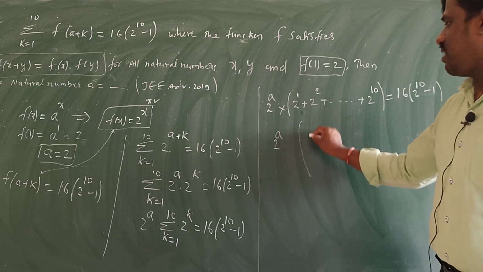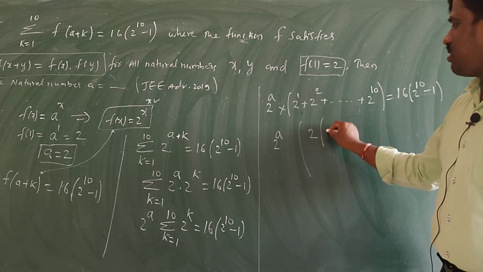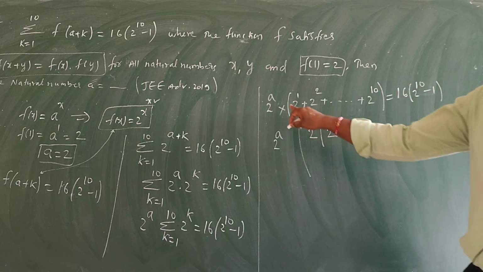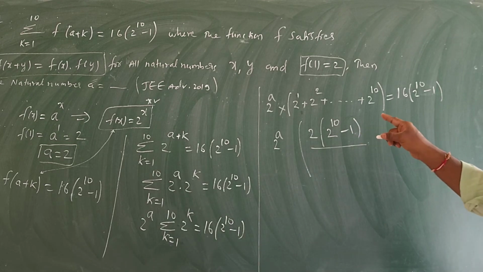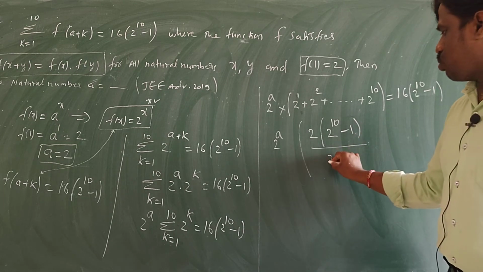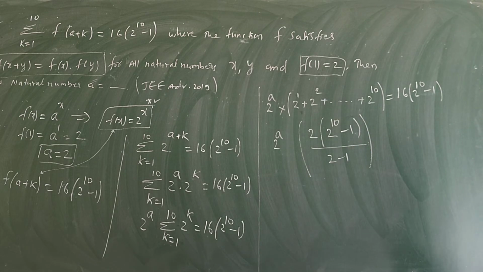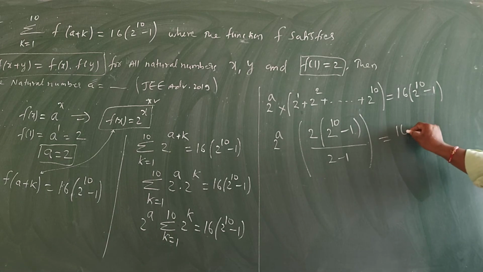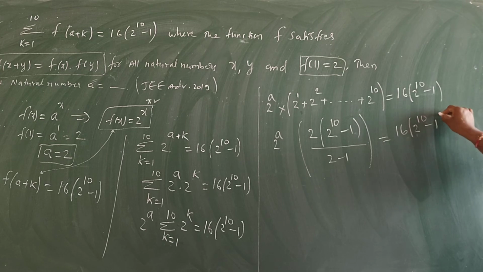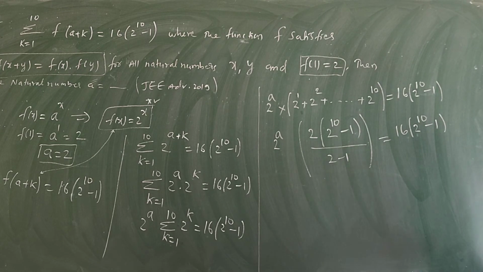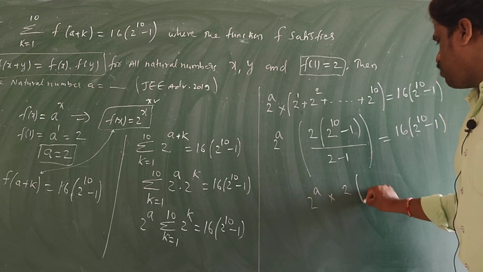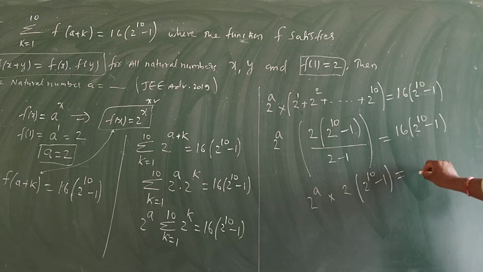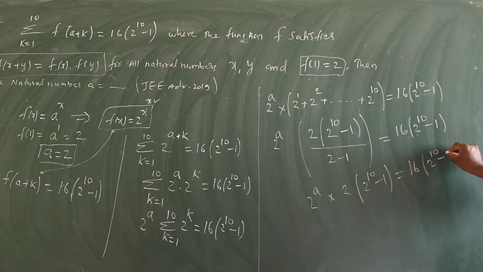So here a is 2, r is 2, and there are 10 terms: 2(2^10 - 1)/(2 - 1). And 2 minus 1 is 1. So 2^a into 2 into (2^10 - 1) is equal to 16 into (2^10 - 1).